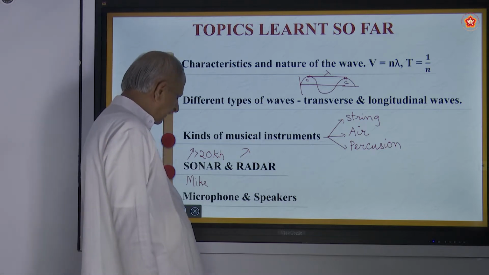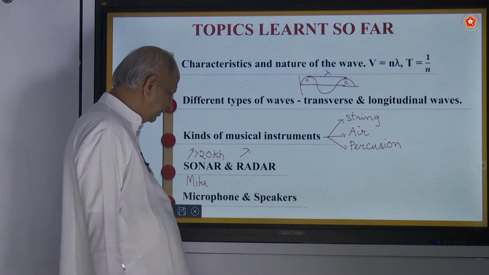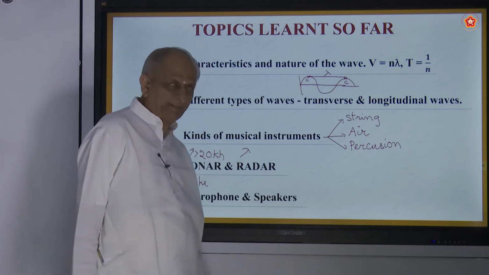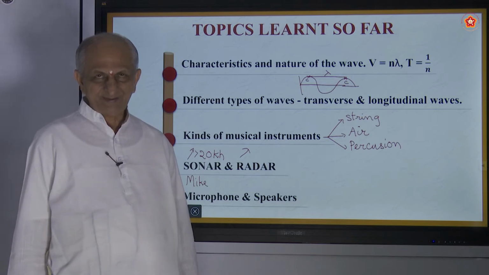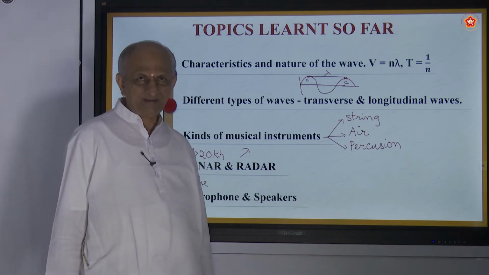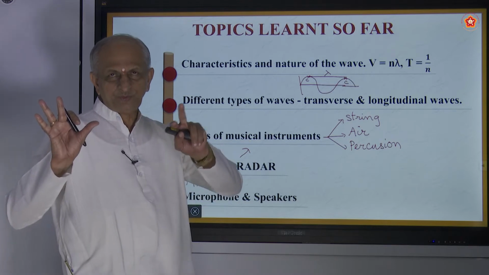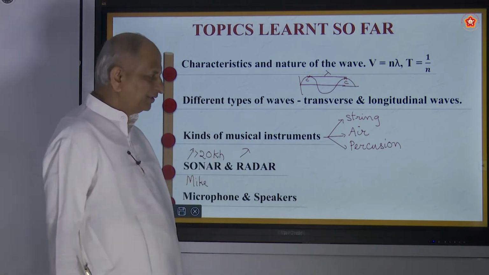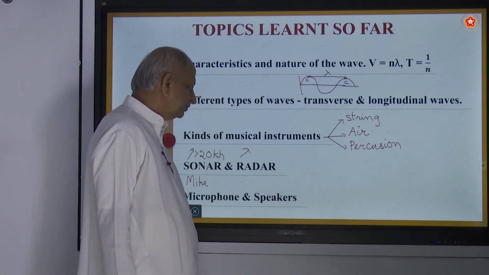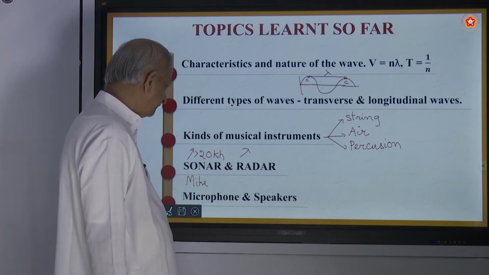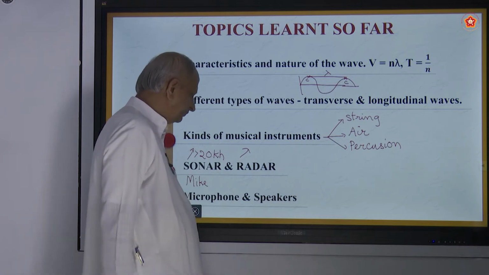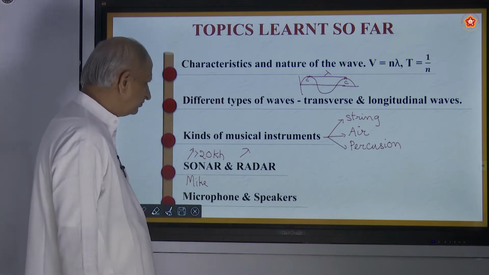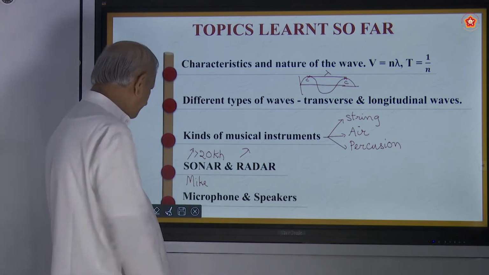There will be a cable for that. We have already seen that in detail. Speakers are also kept. There are different kinds of speakers. Why are the speakers needed? Just to spread or improve the audibility, is it not? So there are different kinds of speakers and mics, which were discussed in the previous class.